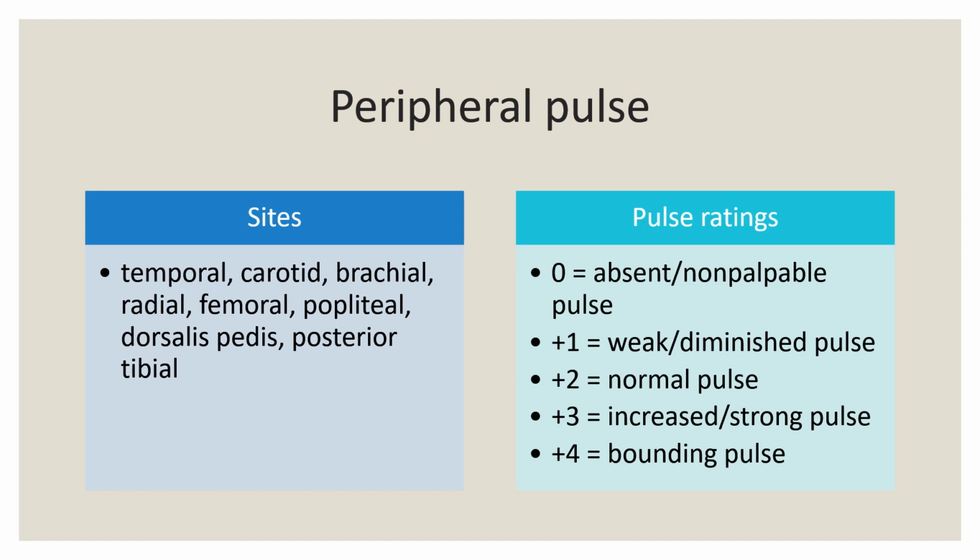The nurse will also consider the pulse deficit. The pulse deficit is the difference between the apical pulse and the radial pulse in 1 minute. A pulse deficit is caused from an aortic rupture, coronary artery disease, or atrial fibrillation.